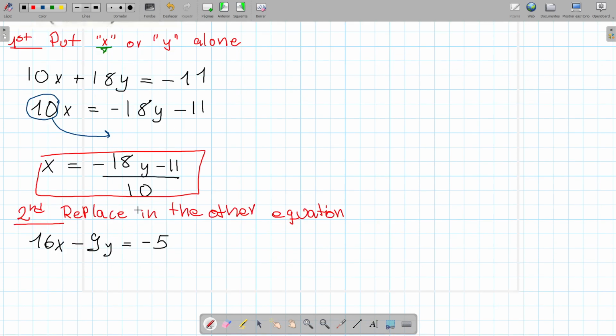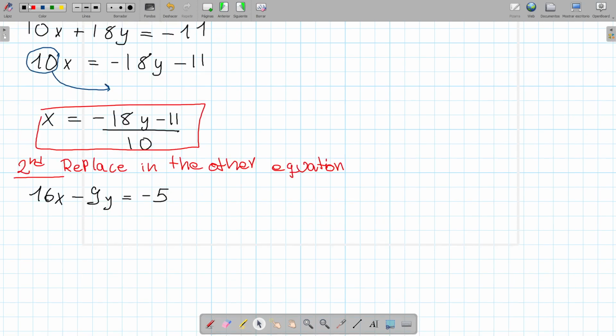Instead of writing x here, I have to write all of this: 16 parentheses minus 18y minus 11 over 10, minus 9y equals minus 5.